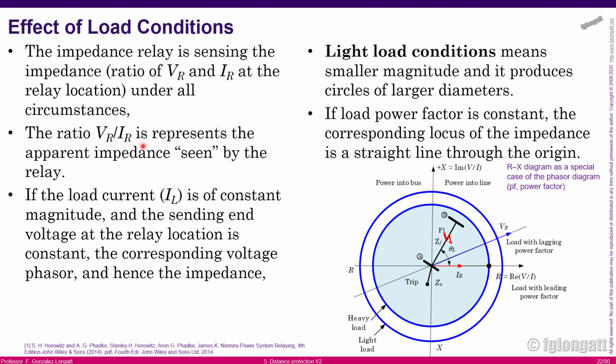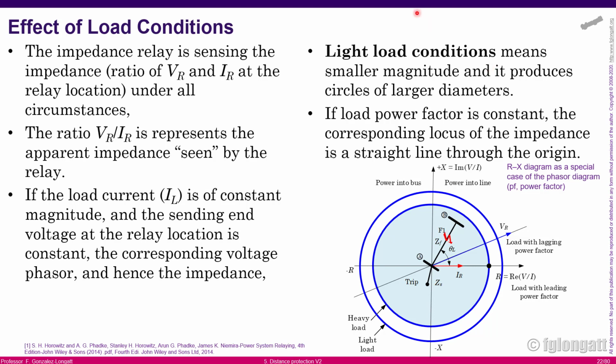What is interesting to understand is that the load current is several times below the short circuit level. As a consequence, for very light loads, the current is very small, and that can produce circles that are bigger than the operation zone of the impedance or distance relay.